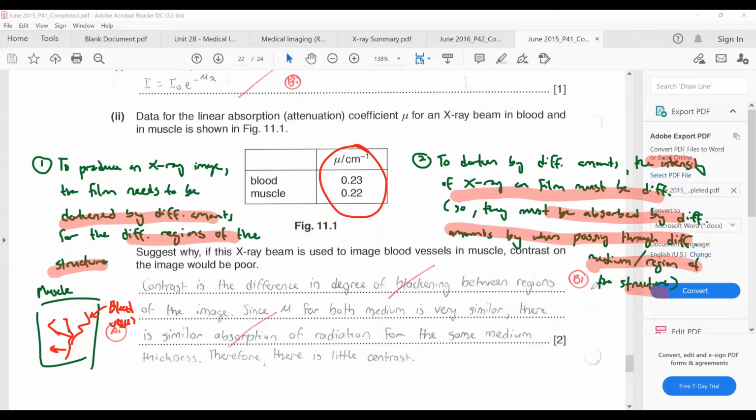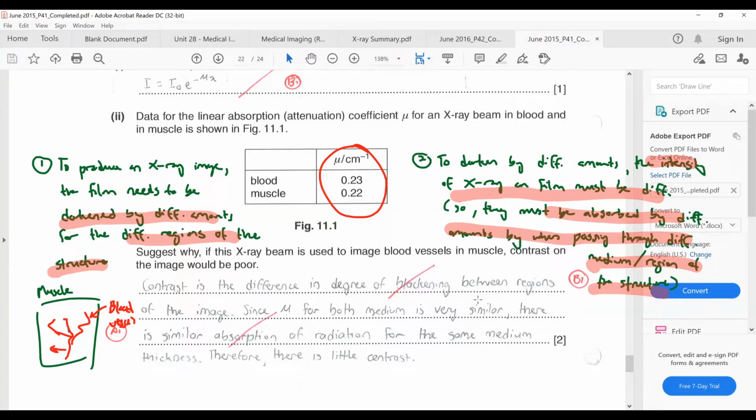This is what I will say. Page 1 is okay. If you're okay with that, you can go on to page 5. Page 5 is another one.